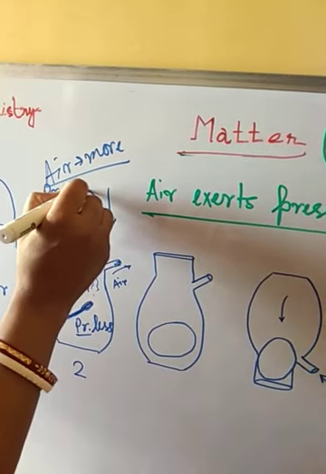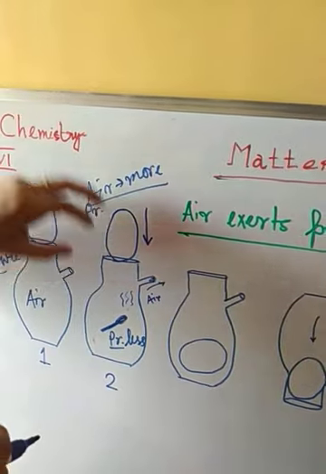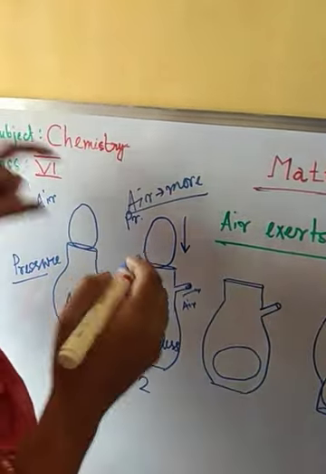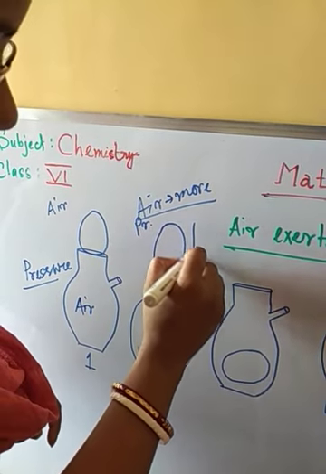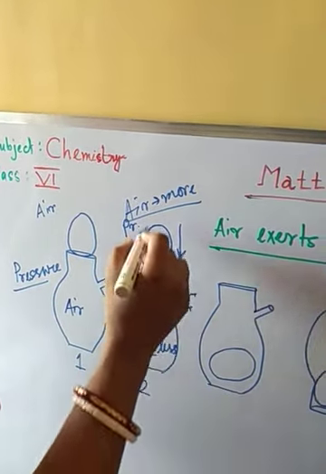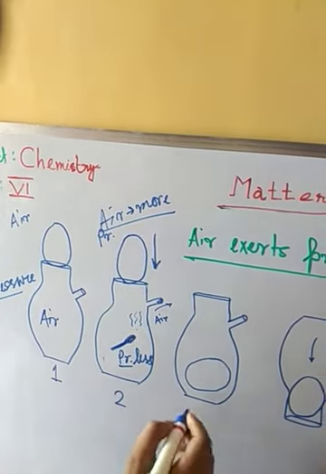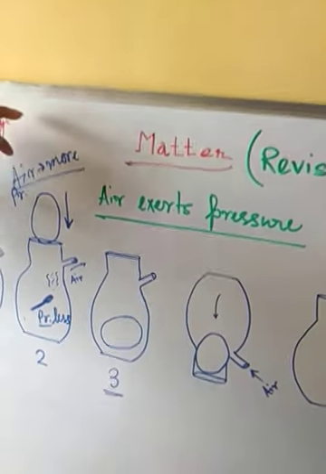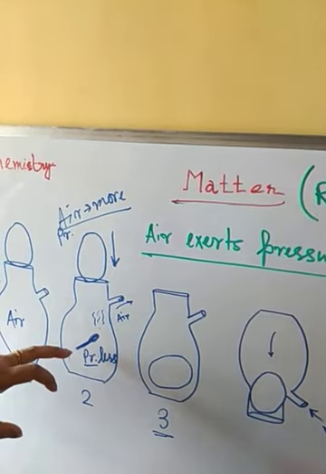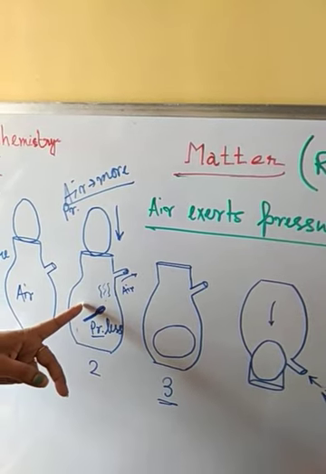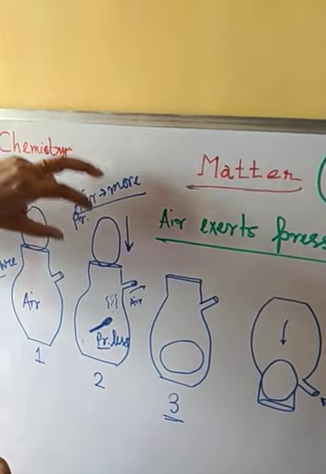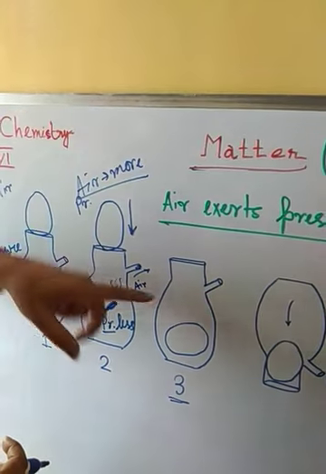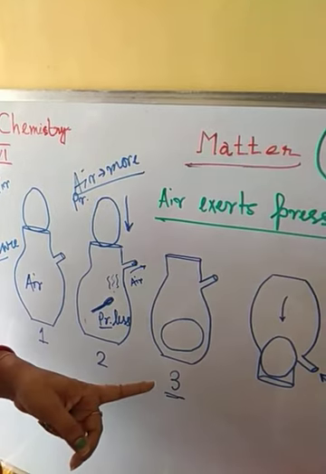So a force will act on the egg by the air outside, whose pressure is more, and it will exert pressure on the egg, so the egg will get inside the bottle, which we can see in the third figure. As the pressure outside of the bottle is more than the pressure inside the bottle, a force will act on the egg, and forcefully the egg will get inside of the bottle, which we can see in the third figure.